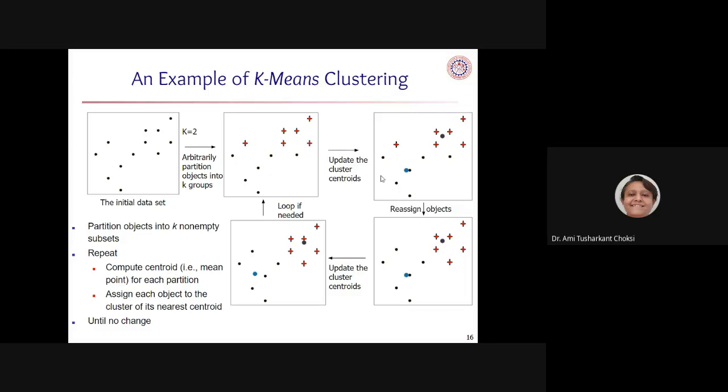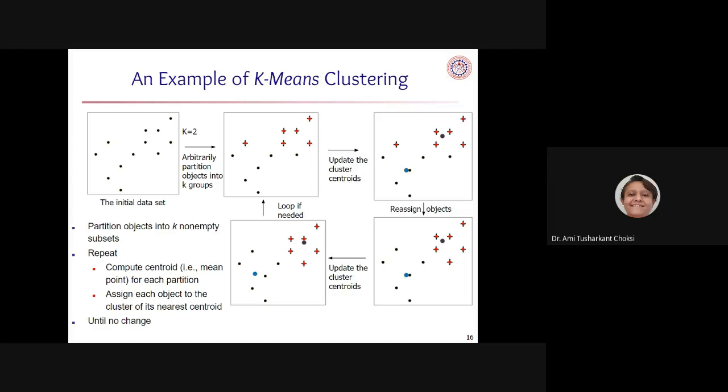Update the cluster centroids. How do we do that? We find the mean point. And then we check the distance to the cluster centroids, and we reassign the objects. We move the objects from one cluster to the other.